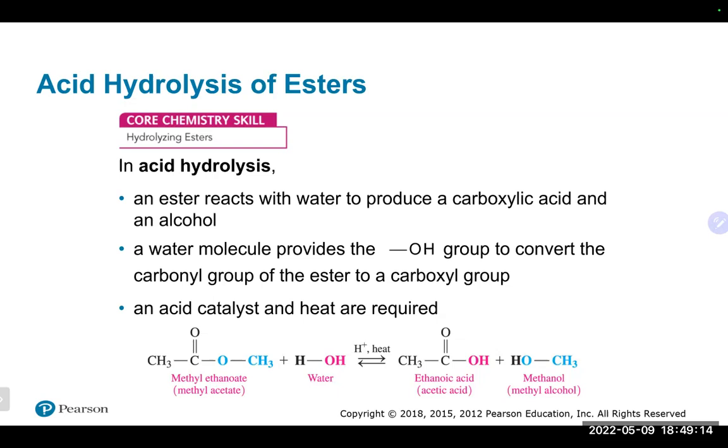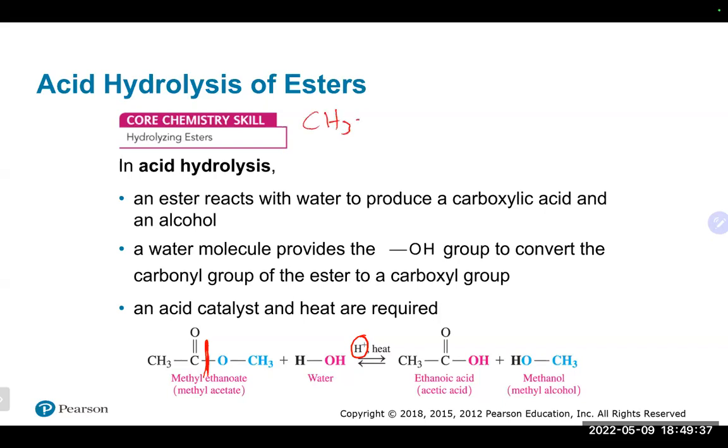The acid hydrolysis is done by adding water with an acid as a catalyst. That's what the H plus on top of the arrow refers to. Just like when we put it together, we are going to break it apart in exactly the same spot.